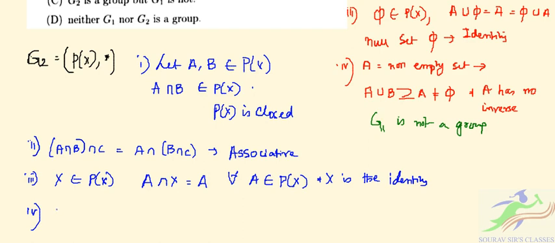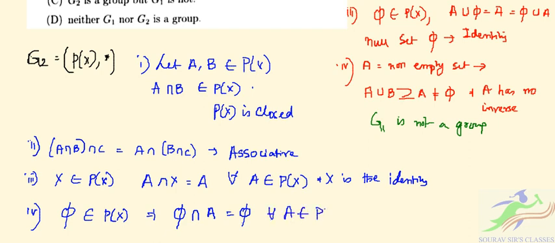Here we can see that phi is an element of the power set P(X). If we do phi intersection A, it will give us the null set phi, for all A belonging to P(X).